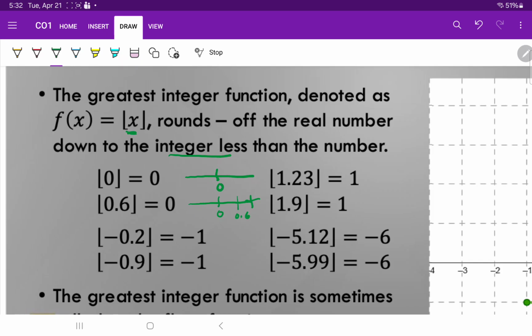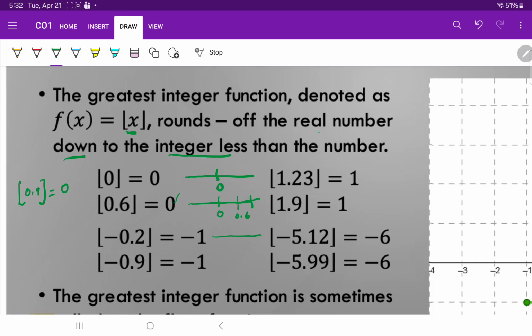Round down: what is the integer less than 0.6? It's 0. How about 0.9? It's still 0.